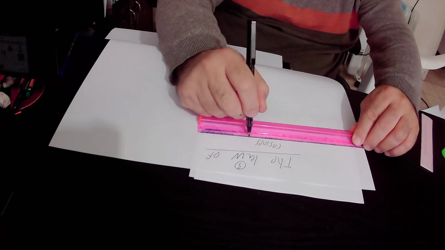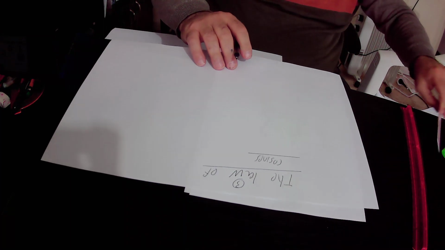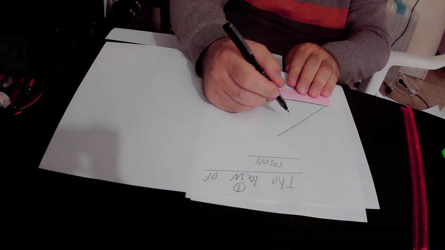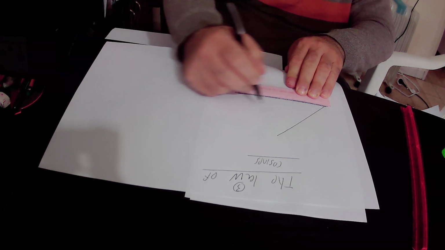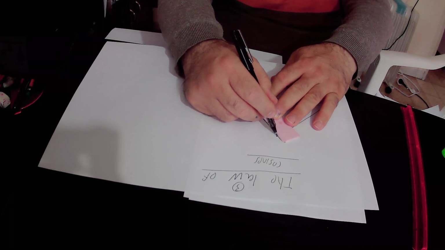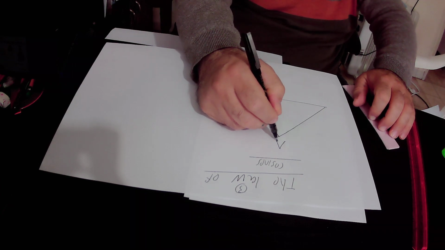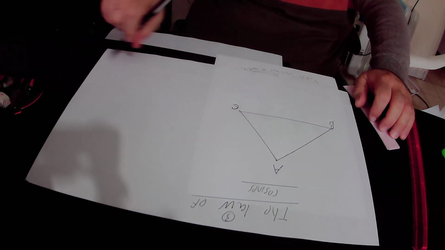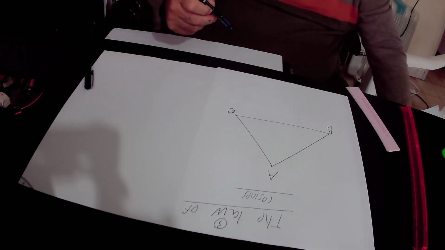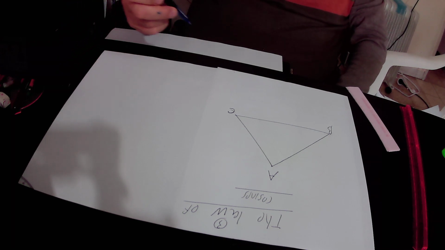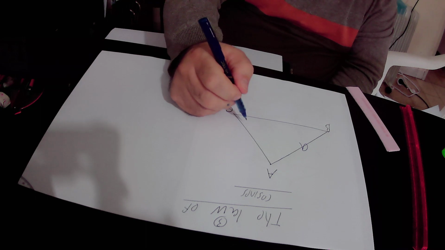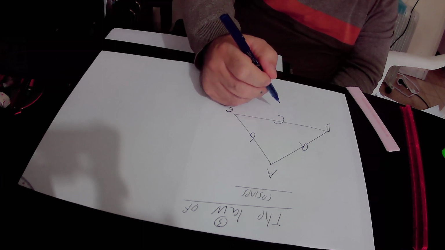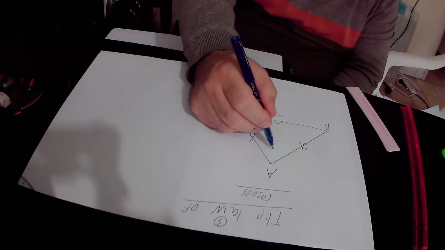So if we have triangle ABC, that could be any triangle, and we know that side AB equals A units in length, side AC equals B units in length, and side BC equals C units in length, and the angle between side AB and side AC is theta.